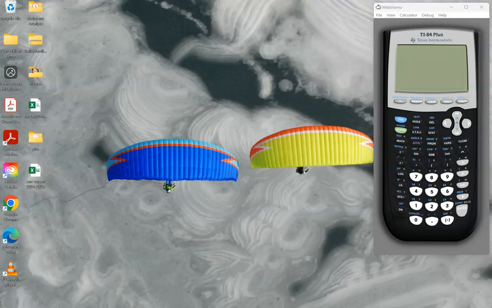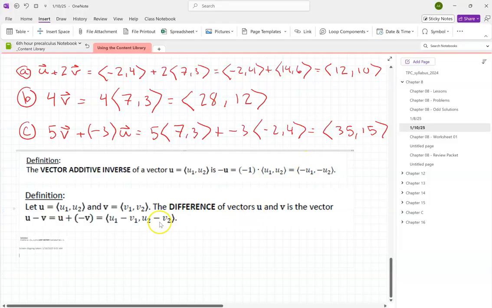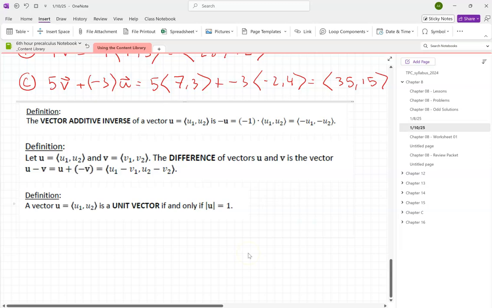Another special kind of vector is called the unit vector. In mathematics, when we talk about units, we're talking about something that has length 1. So a unit vector is just some vector whose magnitude is 1.